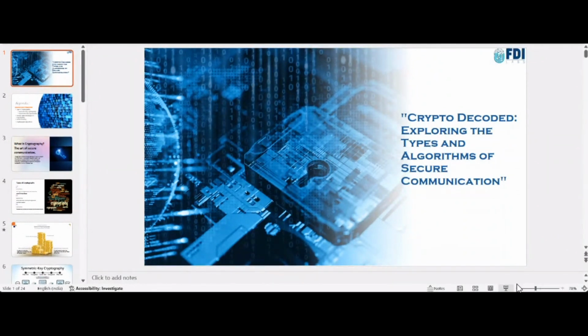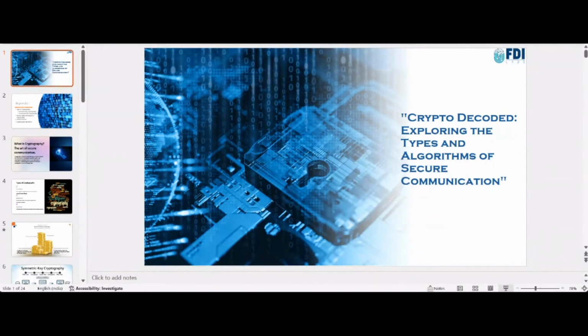We want to secure whatever we want to convey. It involves techniques for encoding and decoding data to protect it from unauthorized access or tampering. When we hide a message, others should not access it. So we use cryptography.